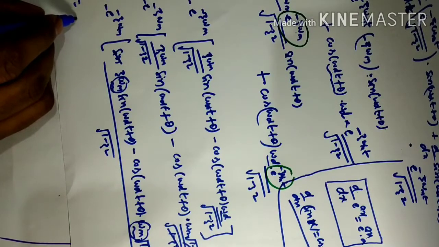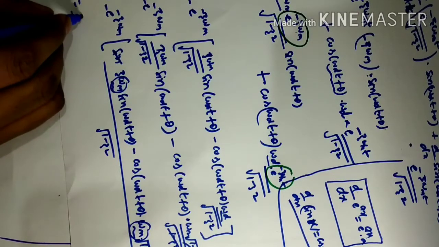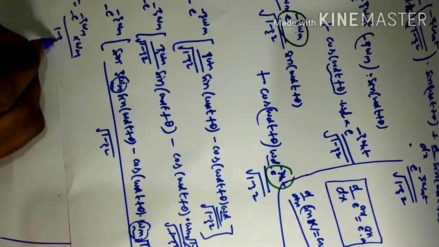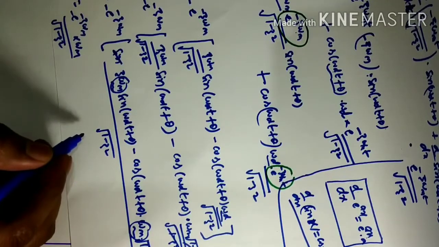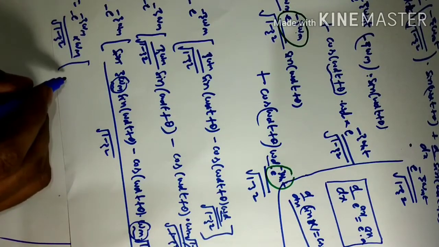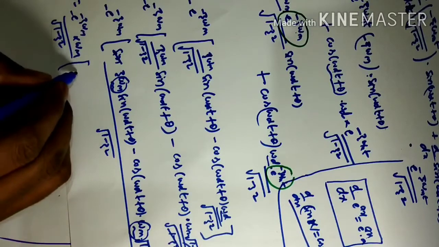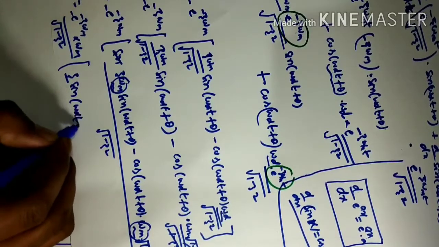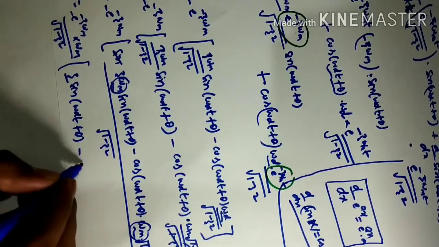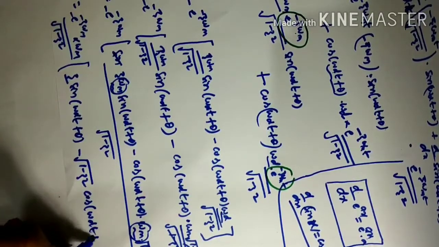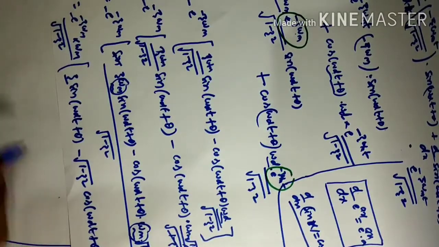So you get e raised to minus zeta omega n into omega n, which I'm also taking outside, root 1 minus zeta square, is equal to sine, so this is damping, this is sine omega dt plus theta minus root 1 minus zeta square cos omega dt plus theta. Okay, so this expression is there. So we'll continue with this.